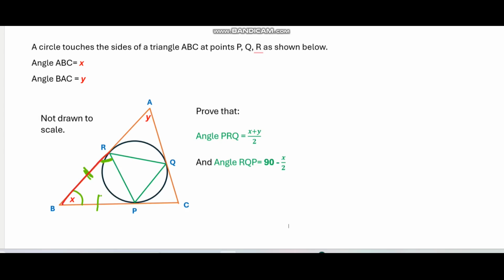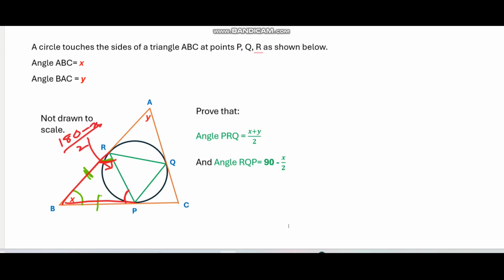This side is equal to this side, therefore this angle is equal to this angle. So the size of that angle is going to be (180 take away x) divided by 2.